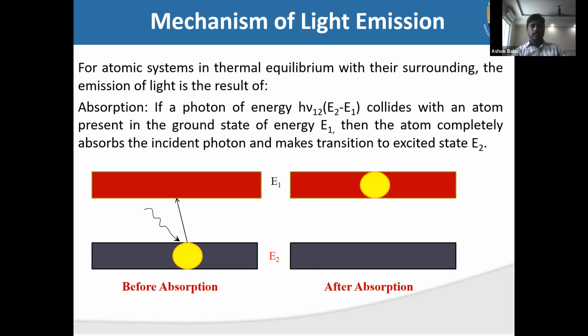This is the first diagram, before absorption. After absorption, the yellow atom appears in the excited state. This process is called stimulated absorption: photon energy absorbed by the atom excites it to the higher energy state.